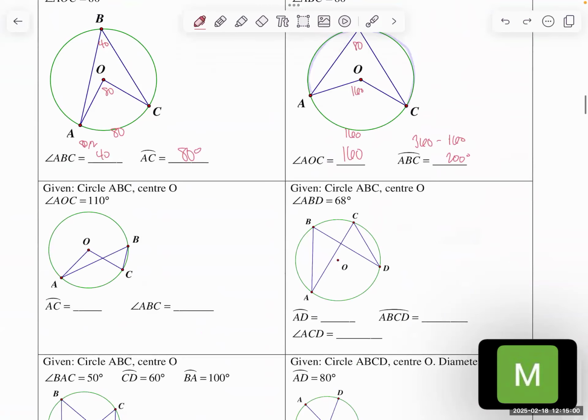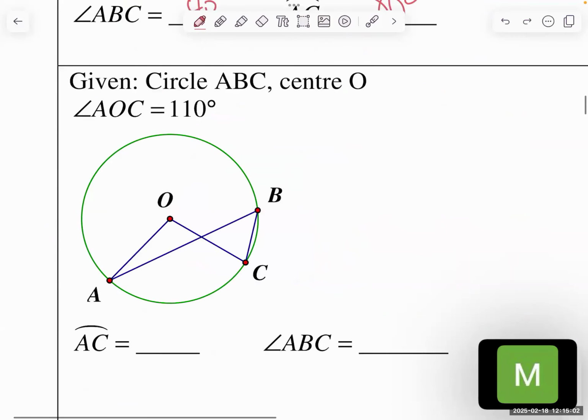Now, if I go back to something like this, AOC is 110, which makes this 110 because I know that that's the center. So arc AC is 110. And then since this is an inscribed angle, it's got to be half of that. So it's 55 degrees.